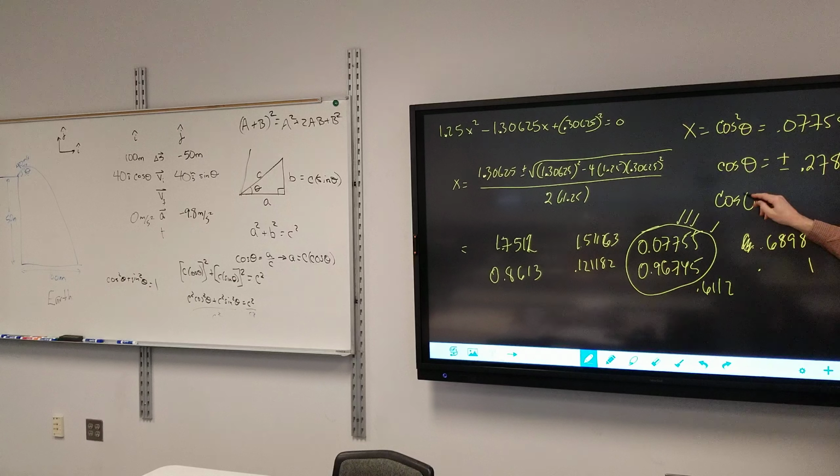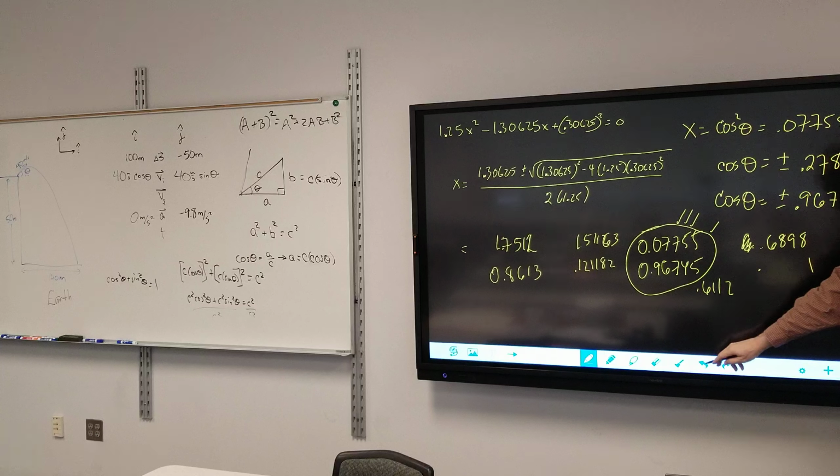And cosine of theta is equal to the square root of the second number, plus or minus 0.9836.